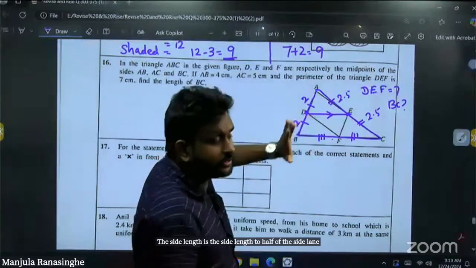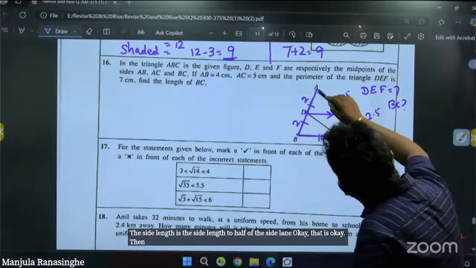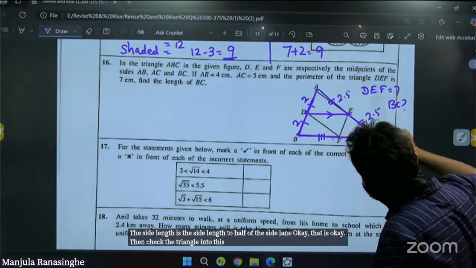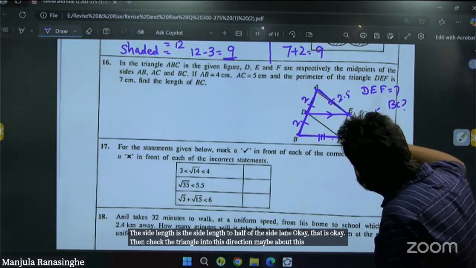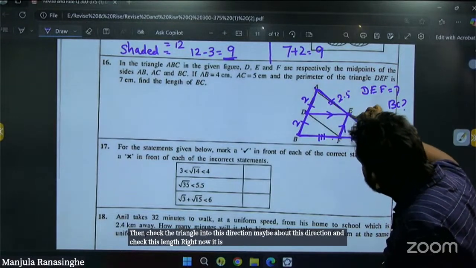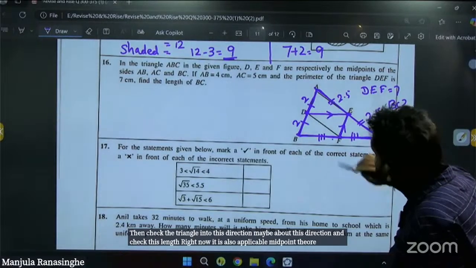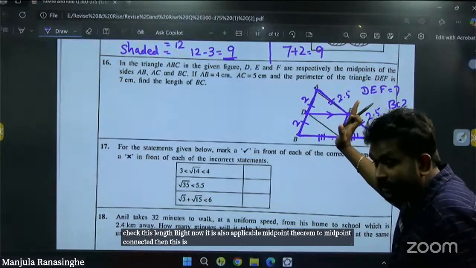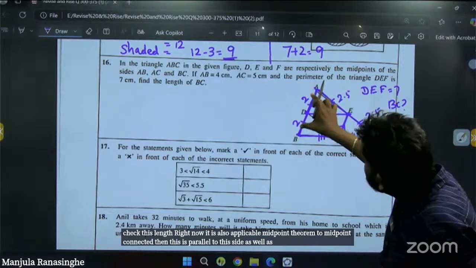Then check the triangle in this direction, and check this length. Now it is also applicable, the midpoint theorem, two midpoints connected. Then this is parallel to this side, as well as the side length is half of this length.